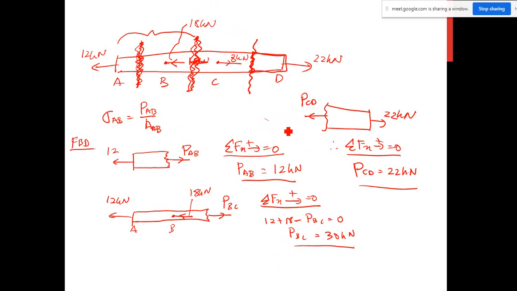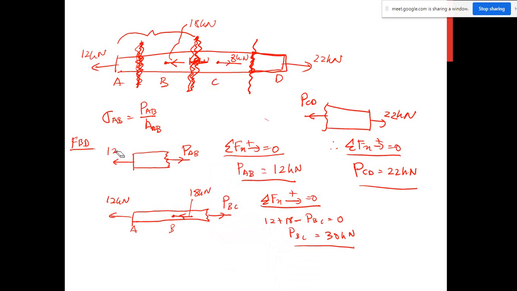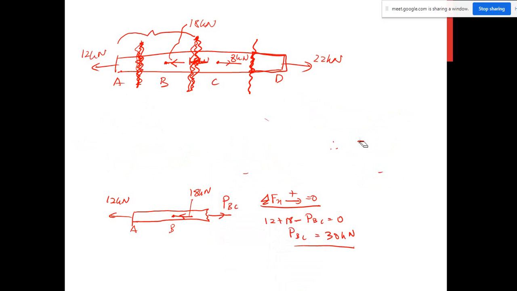So we can proceed to calculate the stress for portion BC. I delete the value of force in the other portions.